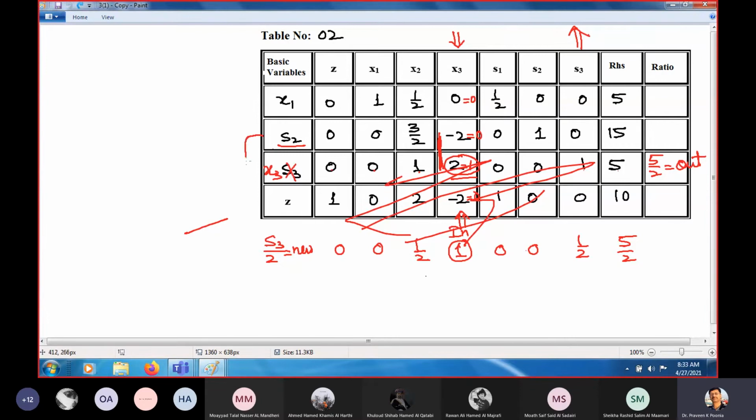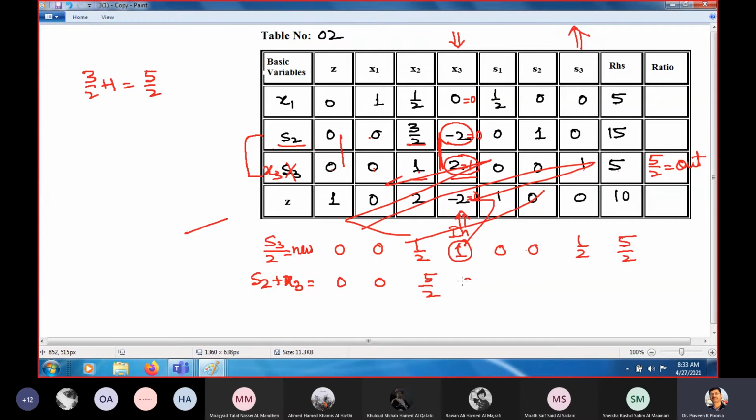So what we can do is add them, S2 plus X3 directly, because here is minus 2 and here is 2. So 0 plus 0, it is 0. 0 plus 0, it is 0. 3 by 2 plus 1. And 3 by 2 plus 1 is how much? 2 plus 1, 2 plus 3, it is 5 by 2. So it is 5 by 2 here.